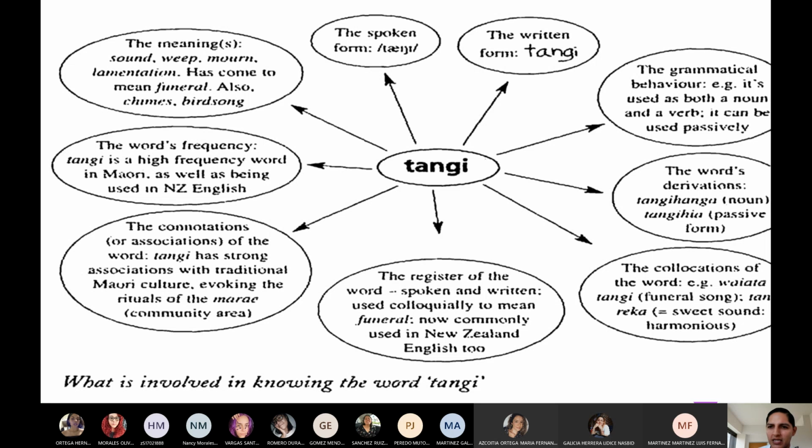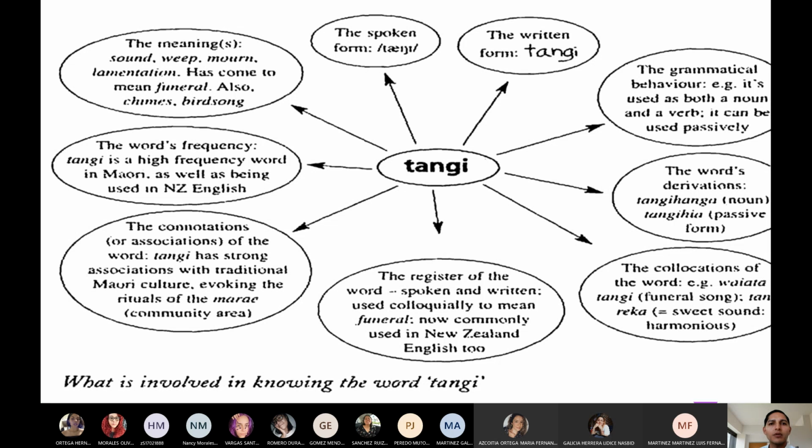Yes, it was an example set by Harmer and Thornbury, Scott Thornbury. Well, this is a different language, but it's just an example to show the different elements we need to bear in mind for knowing a word.